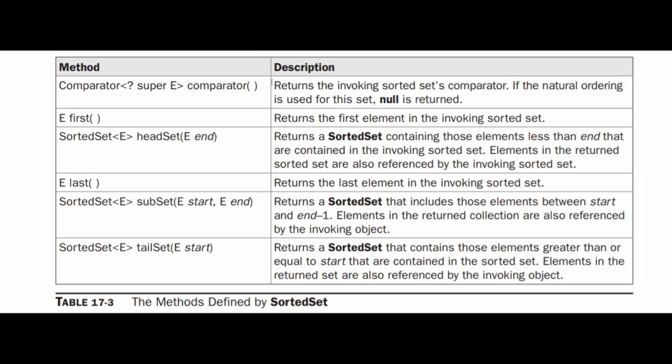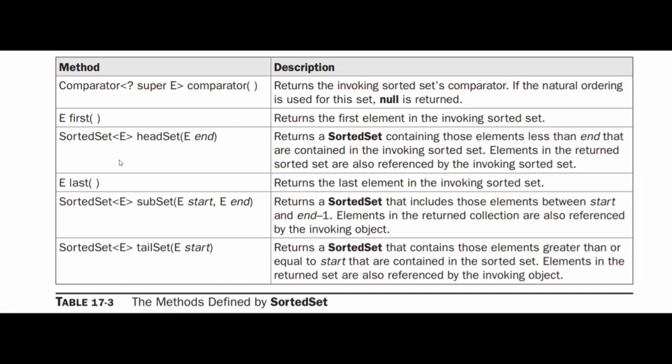Then if we want to extract the first element in the set, we can use the method first. The first method returns the first element in the set. Then sorted set headSet, and we are passing the end. This returns a sorted set containing the elements that are less than this end in the invoking sorted set.